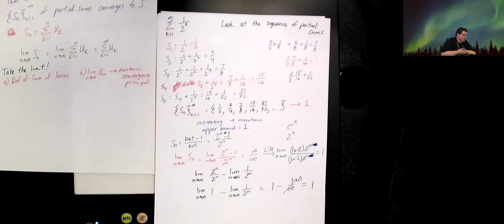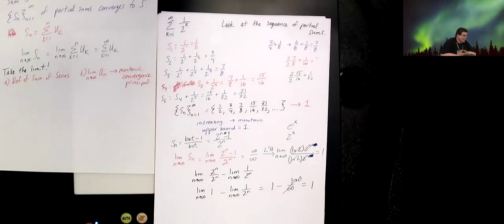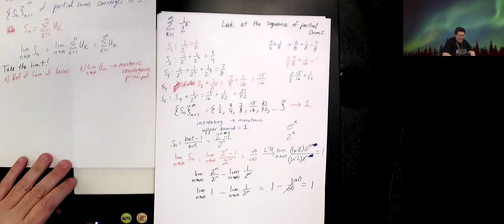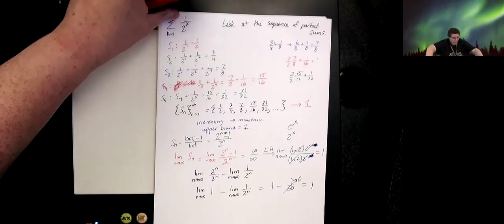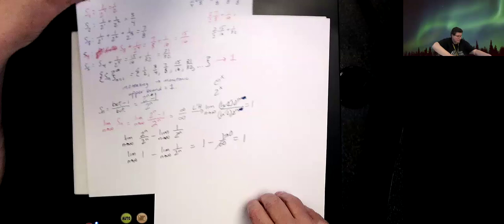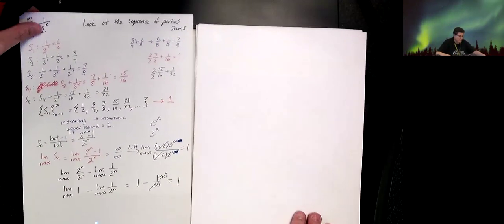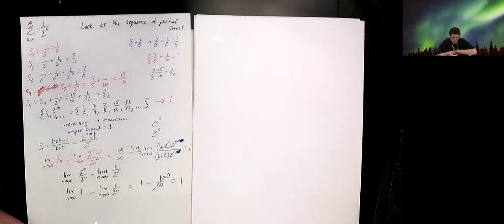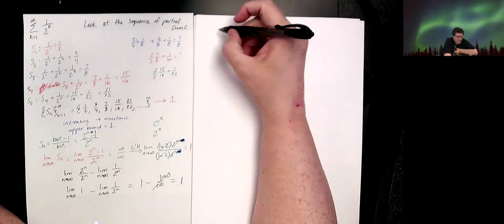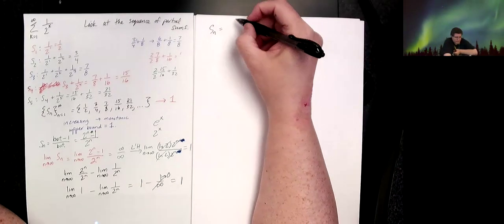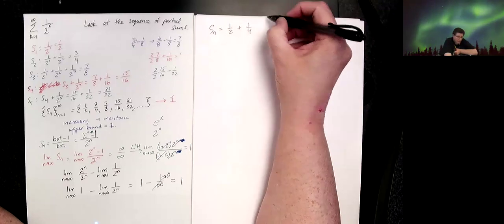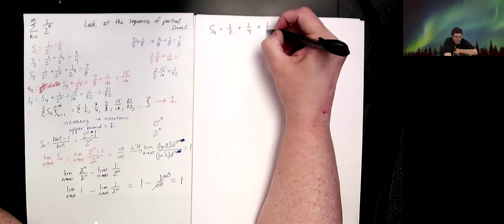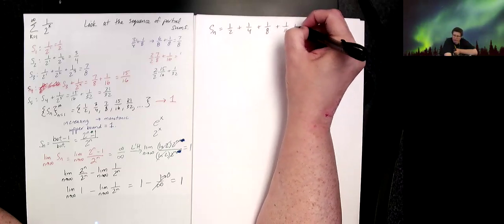I'm gonna show you another way, and you're gonna be like, what the heck, why? But we're gonna do something similar later on to actually find the answer for something else. So I'm gonna show you another way to do this. So S sub n was, we had 1/2 plus 1/4 plus 1/8 plus 1/16 plus dot dot dot.